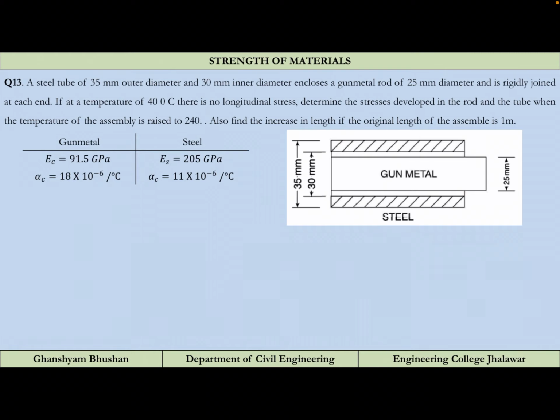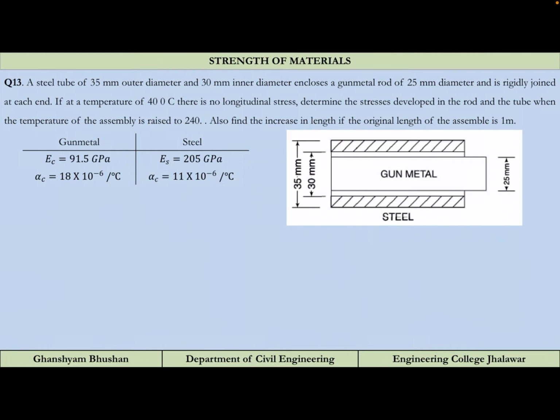If at a temperature of 40 degrees Celsius there is no longitudinal stress, determine the stresses developed in the rod and the tube when the temperature of the assembly is raised to 240 degrees Celsius. Also find the increase in length if the original length of the assembly is 1 meter.